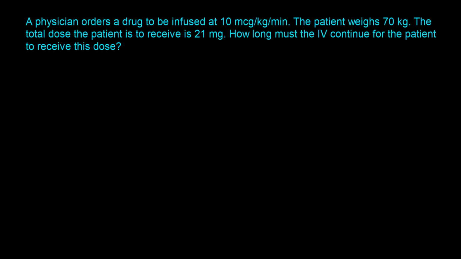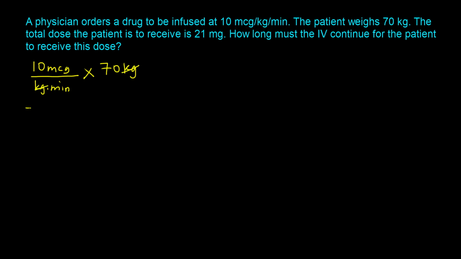And so we will start off with the normalized mass rate, which is given as 10 microgram per kilogram per minute. And we multiply this normalized mass rate by the patient's weight. So that gives us 70 kilograms. The kilograms cancel out.